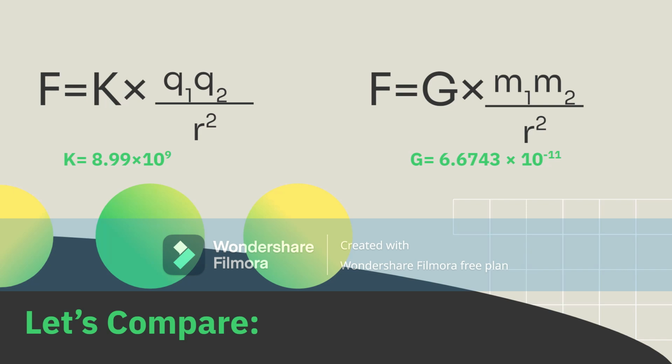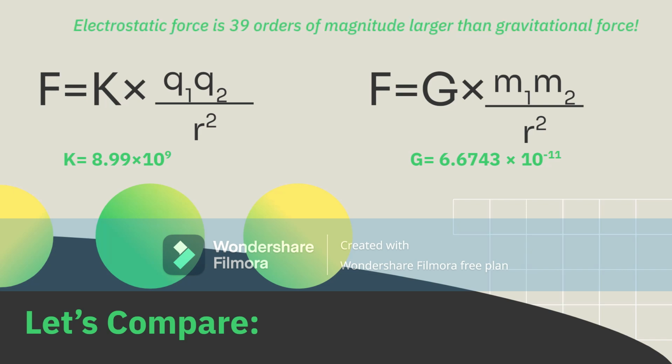This means that electrostatic force is 39 orders of magnitude larger than gravitational force. In other words, the electrostatic force between two charged objects is 39 orders of magnitude larger than the gravitational force between an object and the surface of the Earth. How crazy is that? It doesn't even sound like that should be correct.